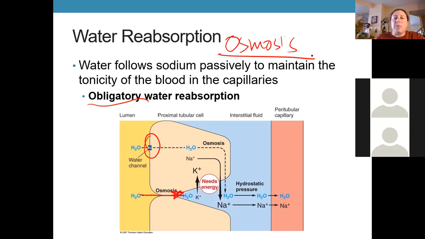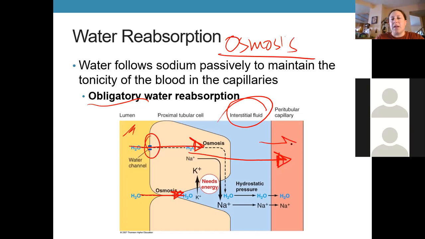So basically, as we move more ions and other things into the cell and then into the blood, the water concentration in the lumen becomes higher, right? We're basically diluting the contents of the lumen, this filtrate, and now there's so much water here that it's going to move down its concentration gradient through the cell into the extracellular space and then into the blood. So most of it is following sodium because mostly what we're moving is sodium.